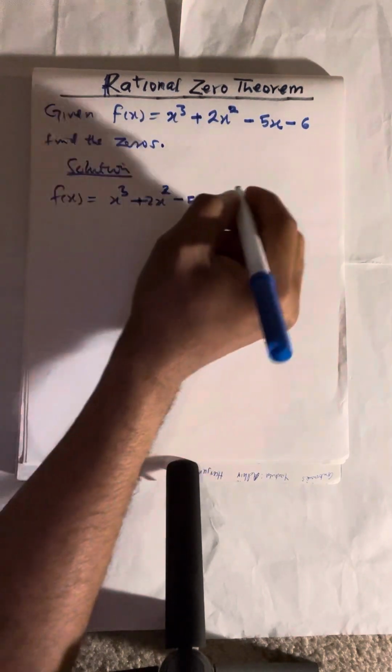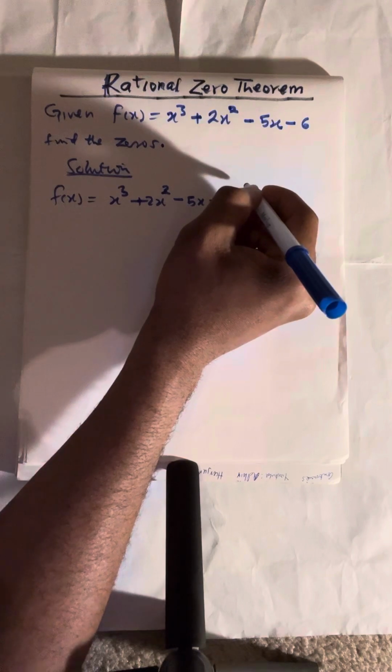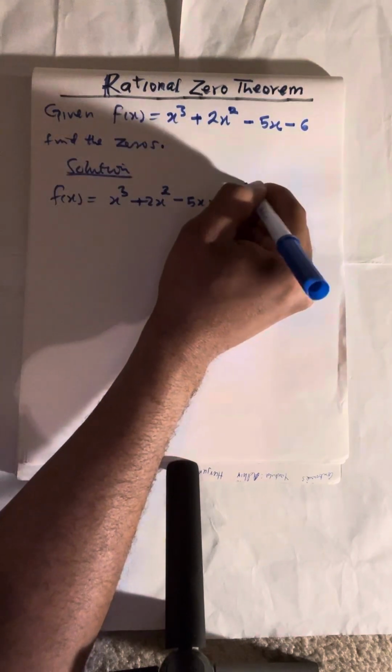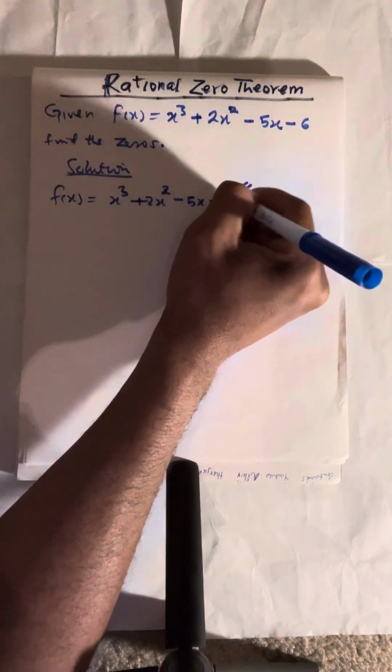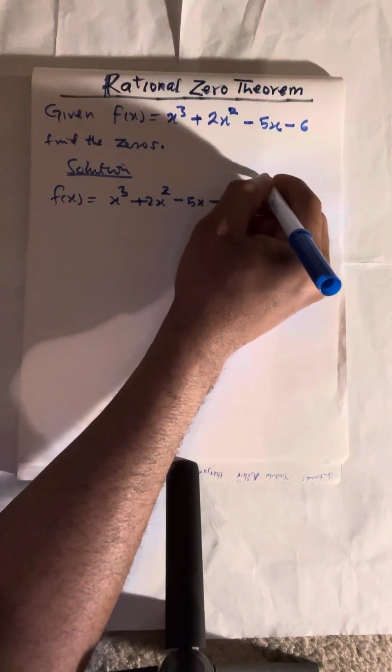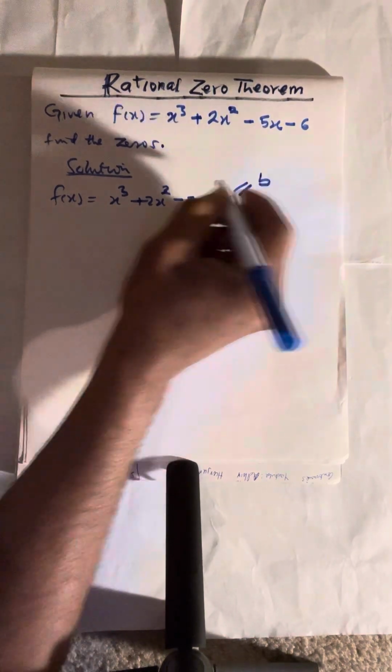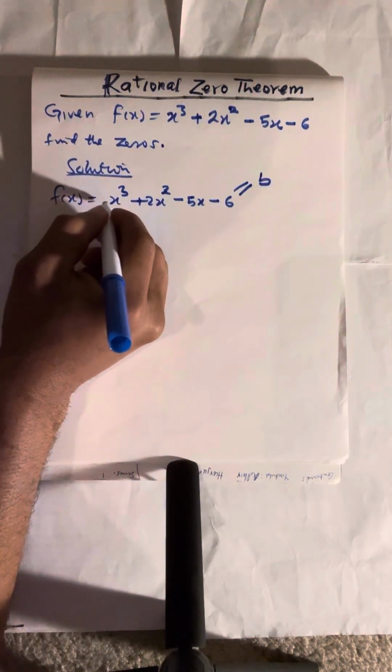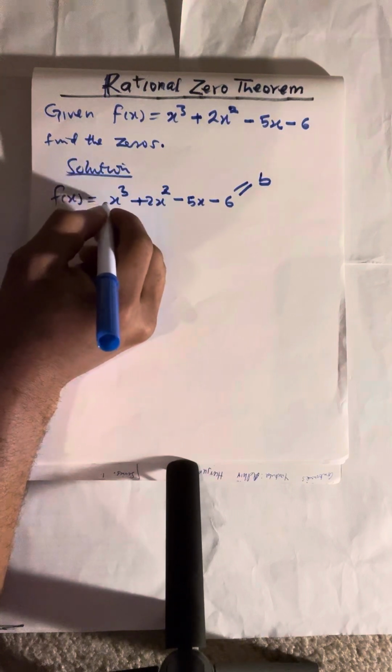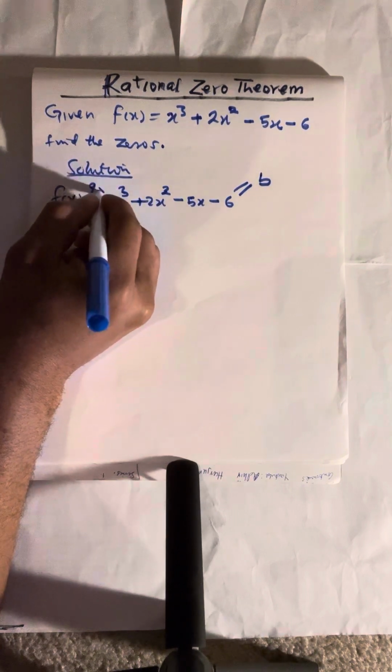Let's put it this way: associate the last term with b, and the coefficient of the leading term with a.